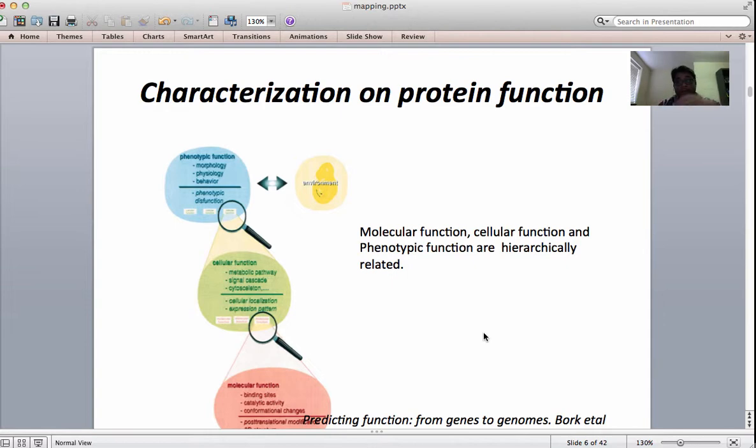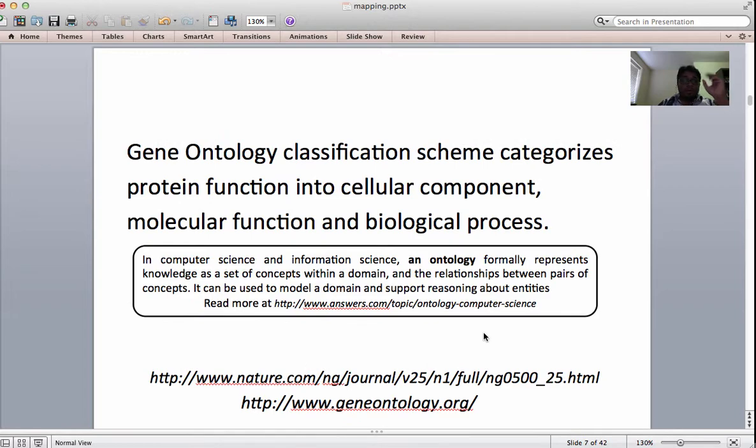This is how proteins actually function. Based on the above, in the 1998 paper, they later classified the terms, phenotype, molecular function, and cellular component, in an ontology-based pattern.